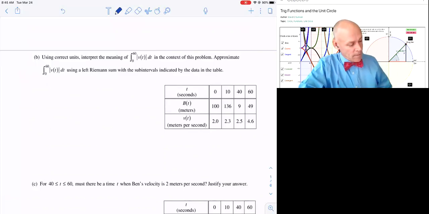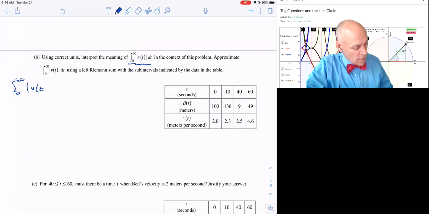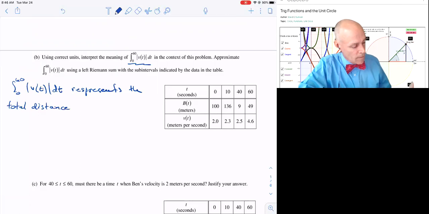So the first thing I want to say is that the integral from 0 to 60 of the absolute value of v of t dt represents the total distance that Ben traveled.